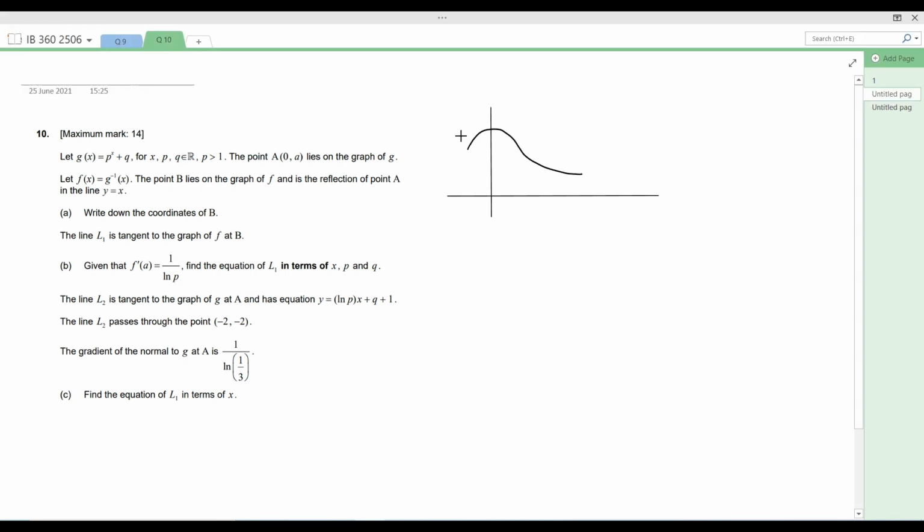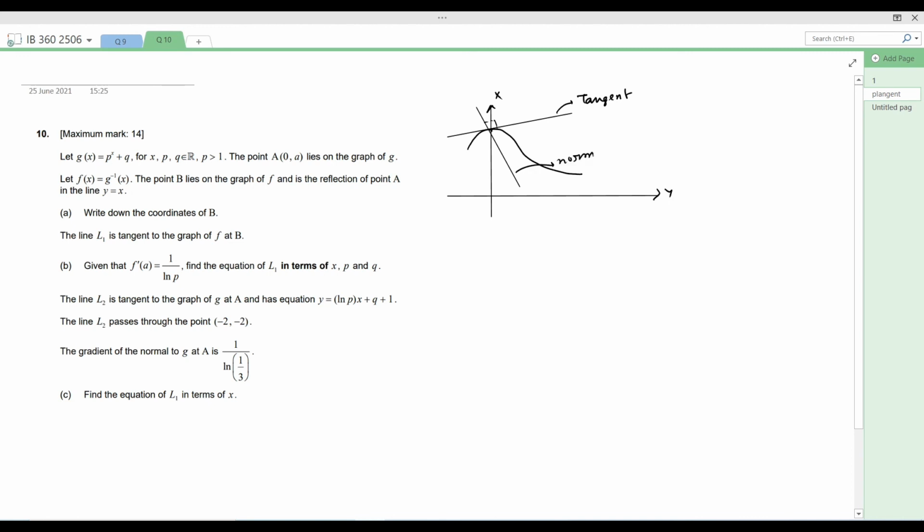If this is the tangential line, then the normal line must be perpendicular to it. As I am drawing by hand, you can avoid small mistakes. This angle will be 90 degrees, so these two lines are normal to each other. If this is the x-axis and this is the y-axis, this is my tangential line and this is my normal line.